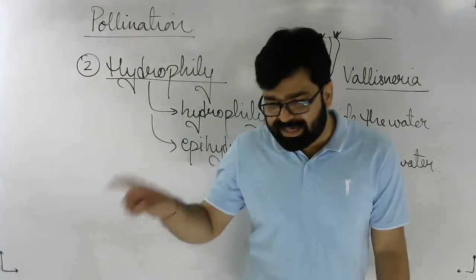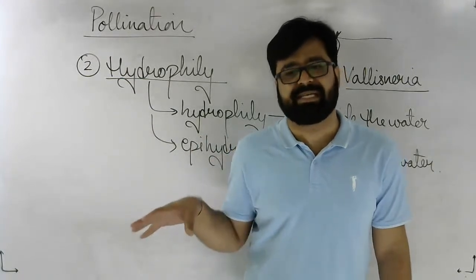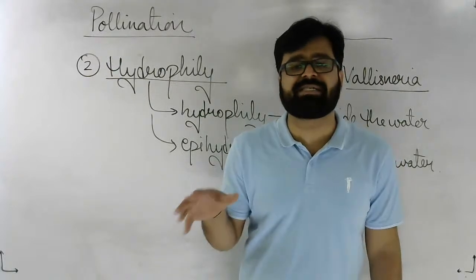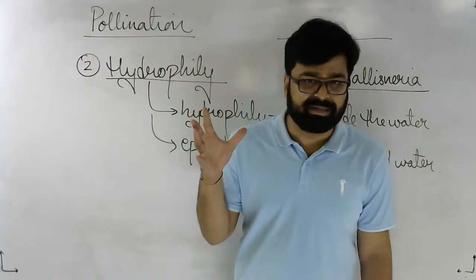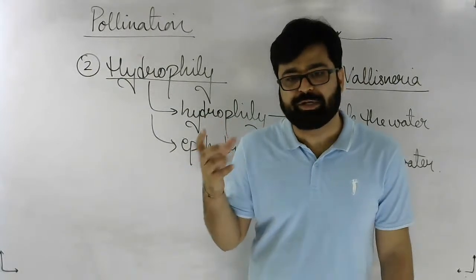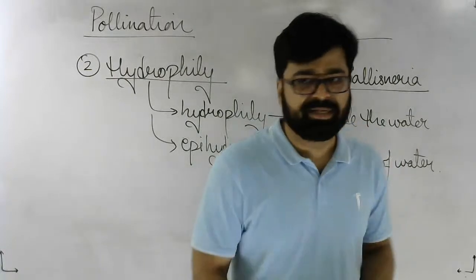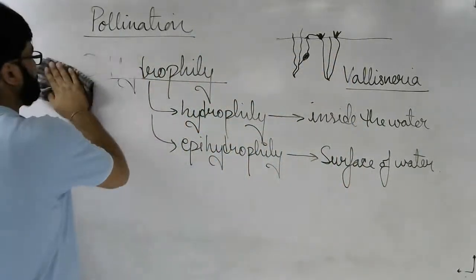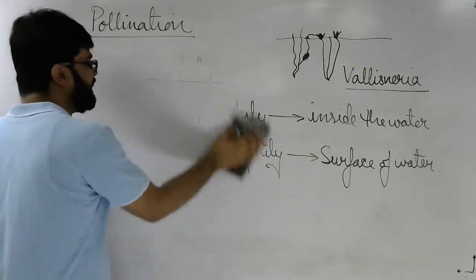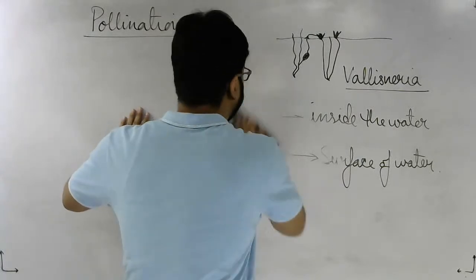That's why collectively pollination with the help of these agencies, with the help of these animals, is known as zoophily, right? Collectively we are placing it into zoophily. Zoo is related with animals, zoans, right? Okay, so next is zoophily, in which we will study about insects, birds and bats.